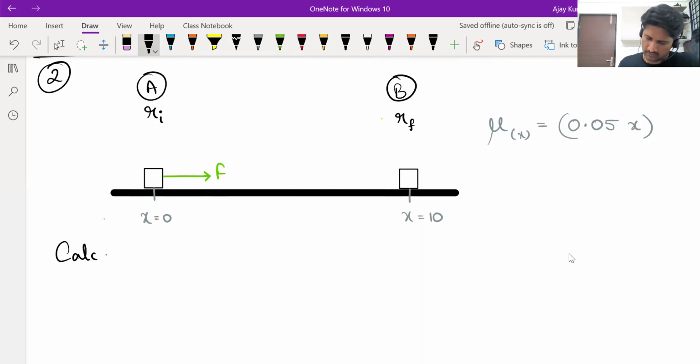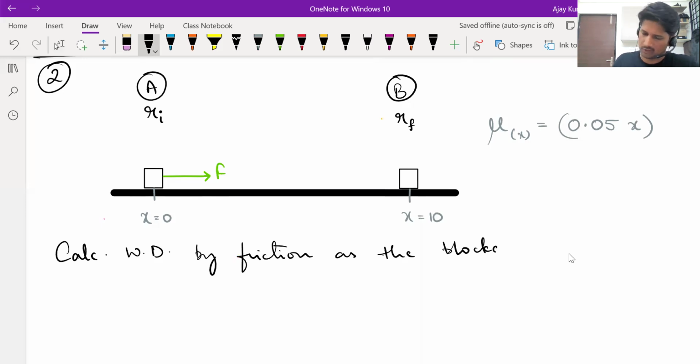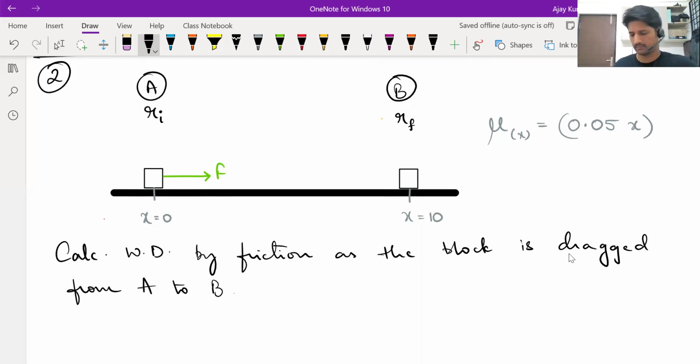Calculate work done by friction as the block is dragged from A to B. Okay, solve and type your answers in chat.